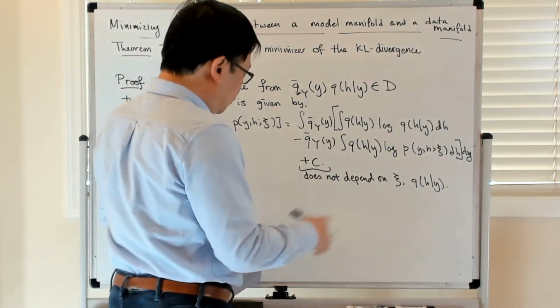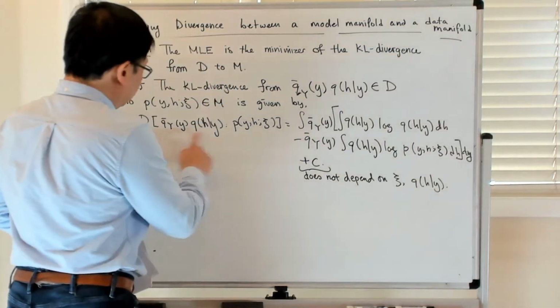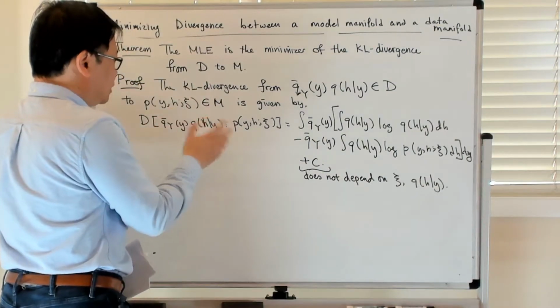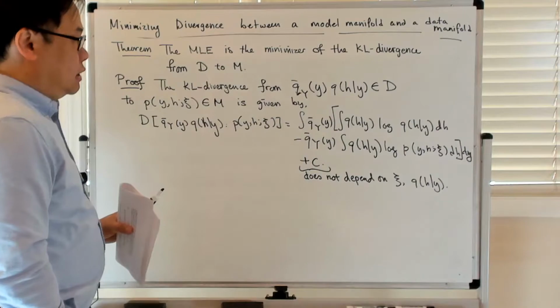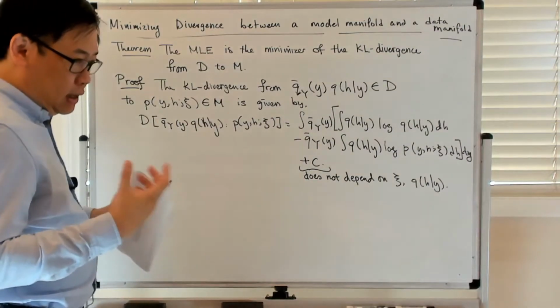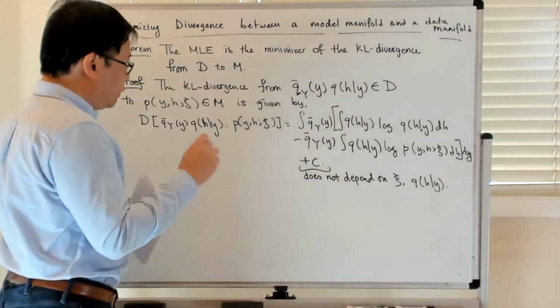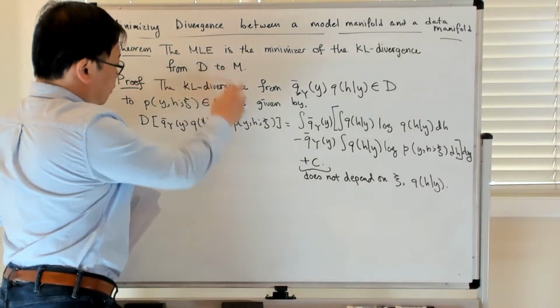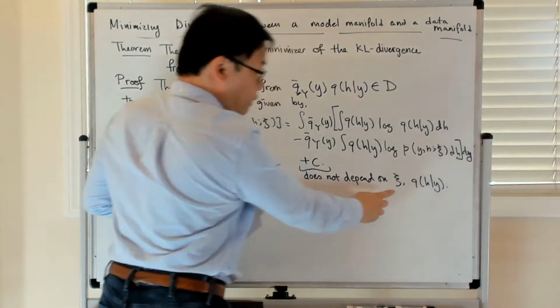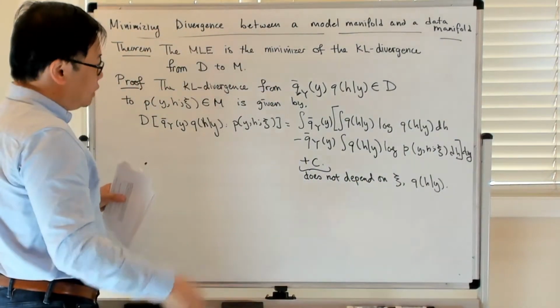Okay, so you can just ignore it, because when you're trying to find this minimizer between d and m, the relevant coordinates on m correspond to c, which is a coordinate on the data set manifold.